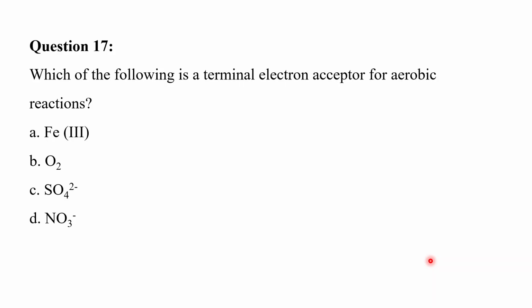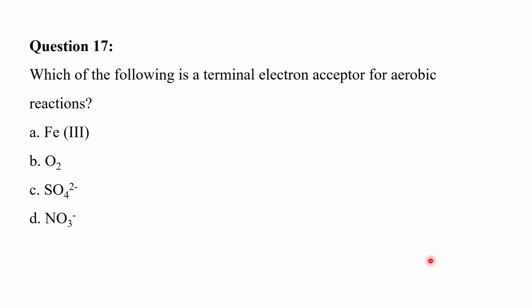So what was the terminal electron acceptor there? Which molecule was finally taking all the electrons? Ma'am, oxygen. Yes. Oxygen was taking all the electrons and then combining with protons to form H2O. So option A, Fe 3 plus state.